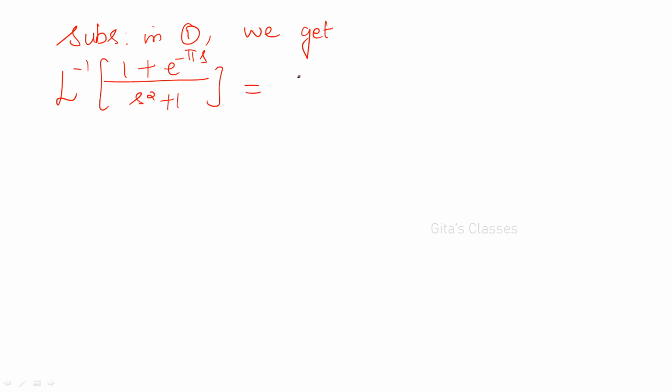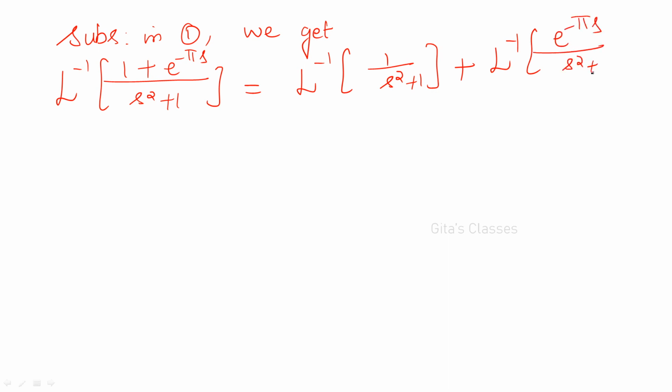This is equal to L inverse of 1 by s squared plus 1, plus L inverse of e power minus pi s by s squared plus 1. So which is equal to sin t plus sine of t minus pi into u of t minus pi.